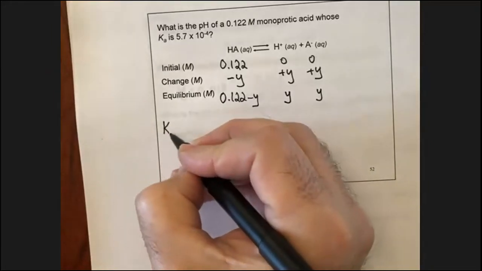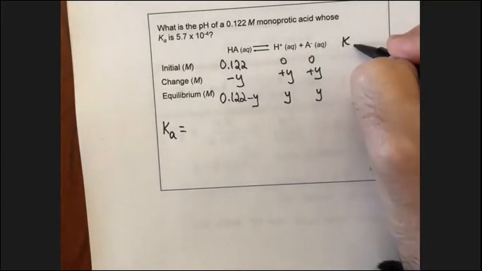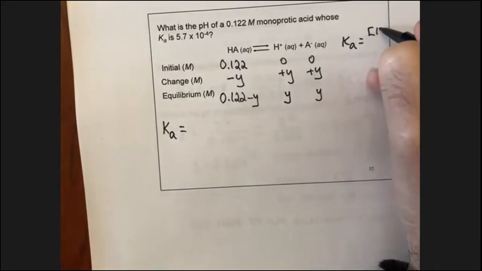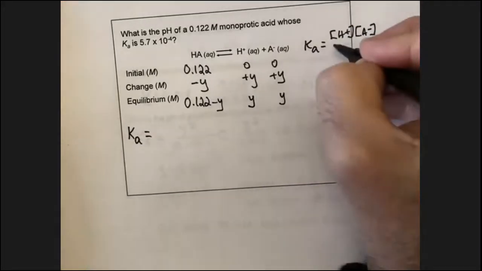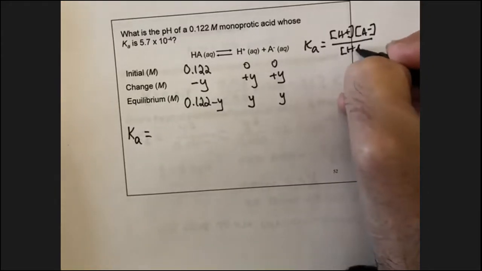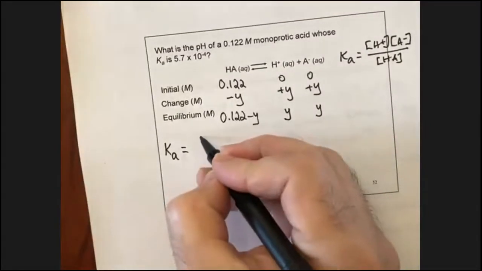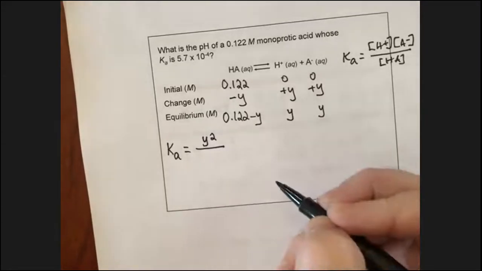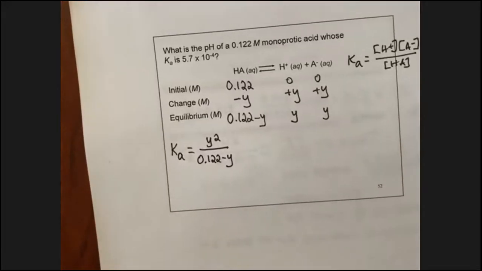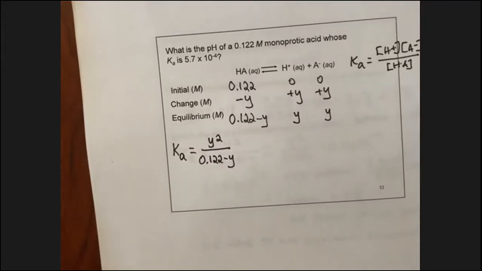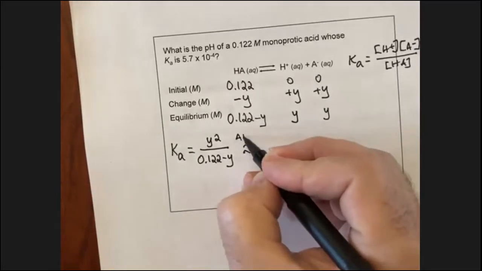Let's start out. So we're going to write out Ka, right? Remember that Ka would be hydrogen ions times A minus divided by HA. So that means that this is going to be Y squared over 0.122 minus Y. And let's start out by testing the approximation method.